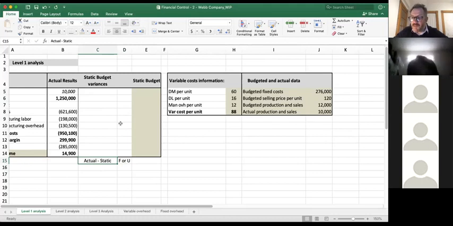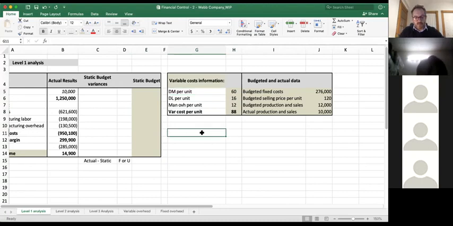Can you explain again about variable cost per unit? The variable cost per unit is the sum of the three variable costs here. So the variable cost per unit of 88 is the sum of the direct material per unit, direct labor per unit, and manufacturing overheads per unit. We have two types of costs, variable costs and fixed costs. Usually variable costs are calculated per unit, because a variable cost, by definition, is proportional to the level of activity.